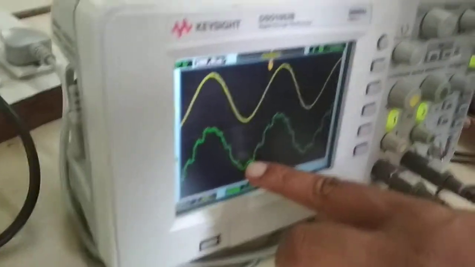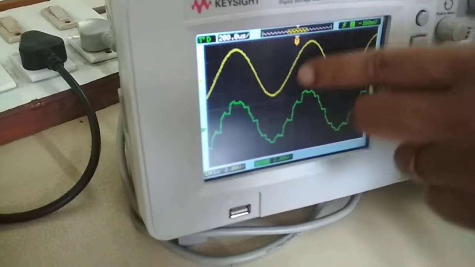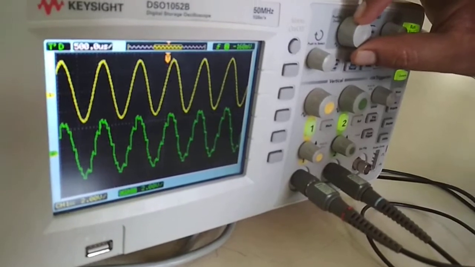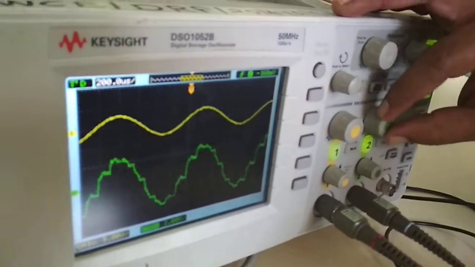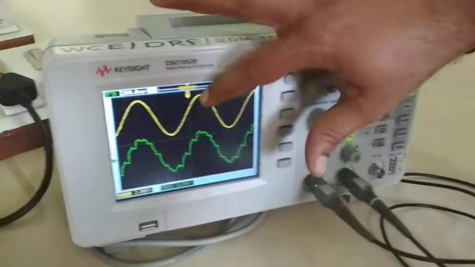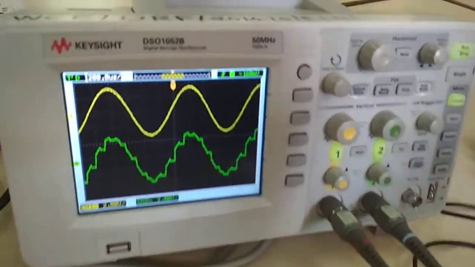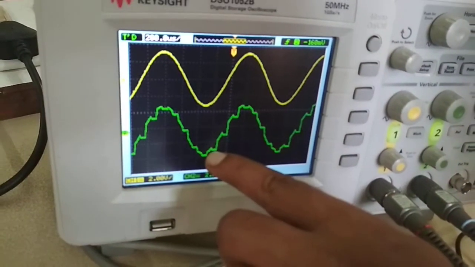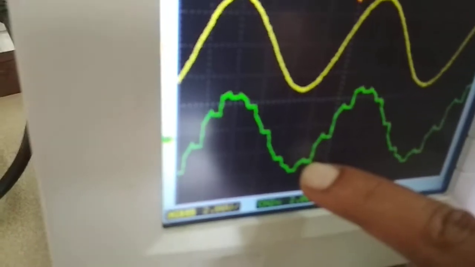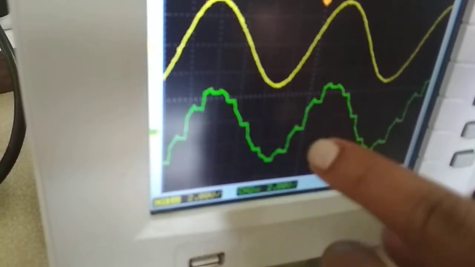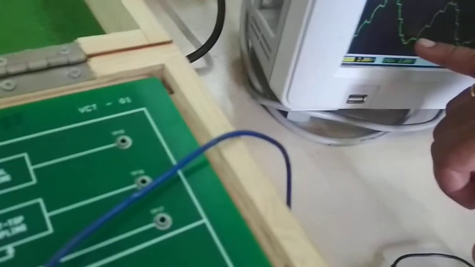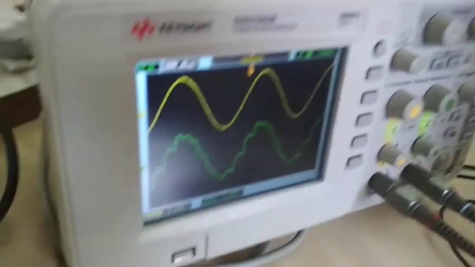It samples the signal; this yellow color represents my input signal, which is the modulating signal, the inbuilt 1 kilohertz from the trainer kit, and this is my sample and hold circuit. Here my signal is sampled at this particular point, and then it holds because there is an input capacitor. You can observe that this capacitor holds the signal. So this flat portion is due to the capacitor. This is the output of the sample and hold circuit.